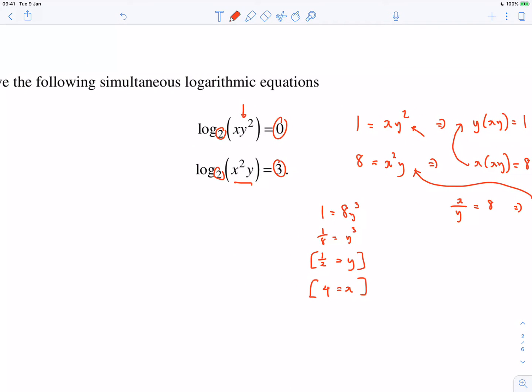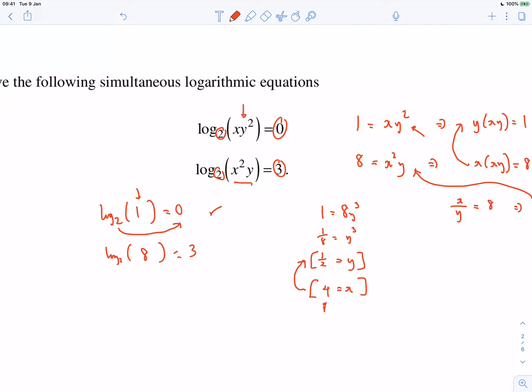So I'm just going to substitute both of these things back in and make sure I haven't made a mistake. So log base 2 of x, which is 4, times 1/2 squared. 1/2 squared is a quarter, so 4 times a quarter is 1. Does that equal 0? Yes, because 2 to the 0 is 1, correct. Log base 2 of x squared, which is 16, times y, which is a half. 16 times half is 8.